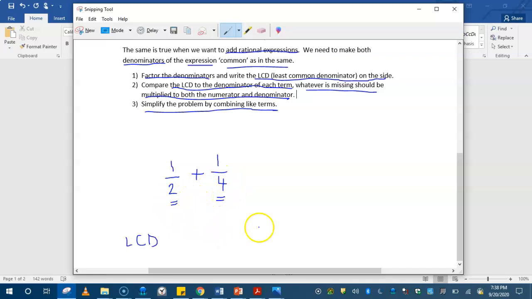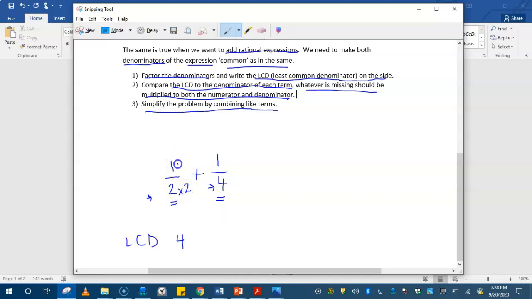So I would know that I want my denominator to be 4, so I'd write that on the side. And then I would look and see what I need. I look at both of those denominators and see how I can make a 4 happen in both. Well, my first fraction, that would be by multiplying by 2.